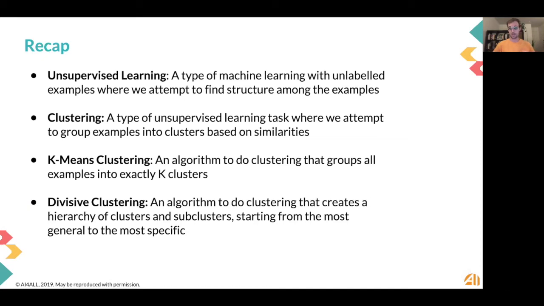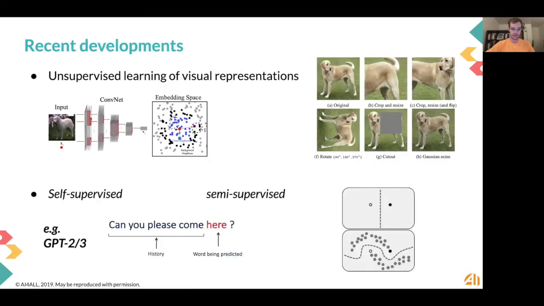And we explored an easy extension of k-means clustering to that problem, divisive clustering, where you start with your full data, you split it into clusters, and then you recursively split each of those clusters using k-means at each step along the way.